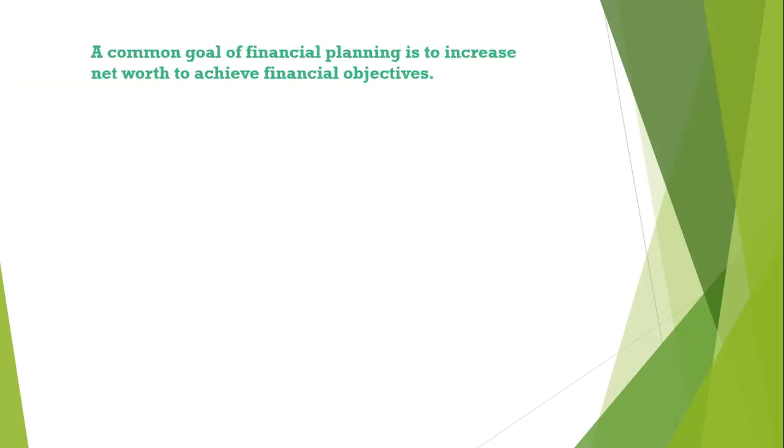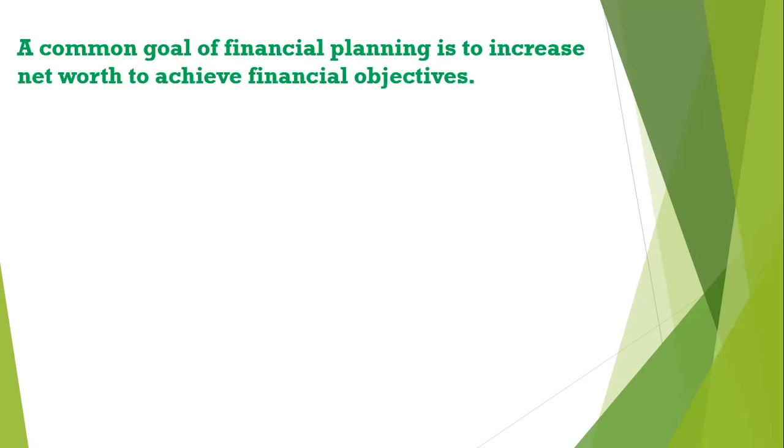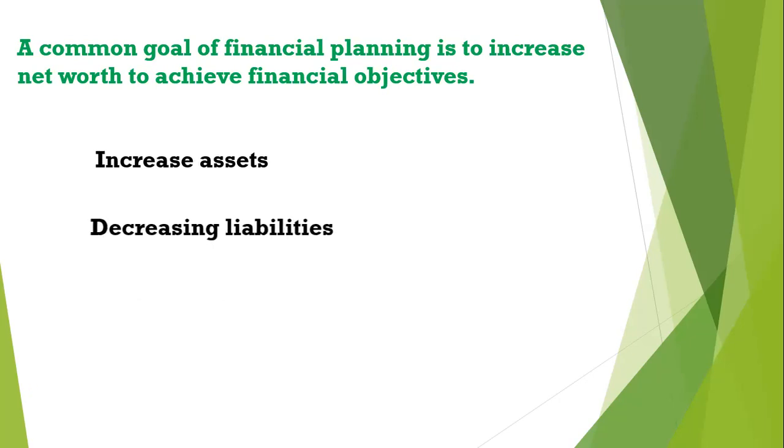In this video, the common goal for financial planning is to increase net worth to achieve financial objectives. You have to have your financial plan. You can even do your own personal plan, and check where your net worth is and what you are really building.